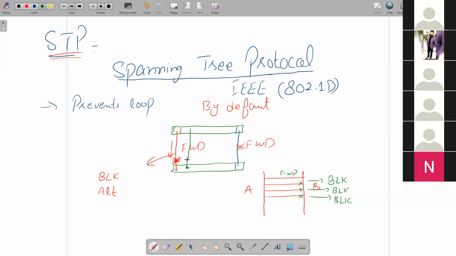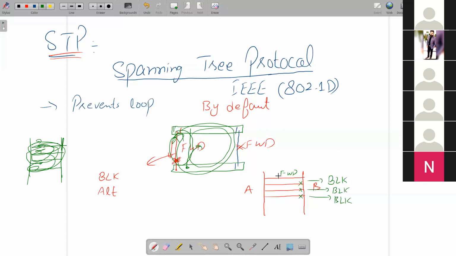The number of backups you have, the number of loops increases. One loop can be created over here, one over here, and one over here. If STP doesn't put any interface into the block state, then what's going to happen? There are so many loops.